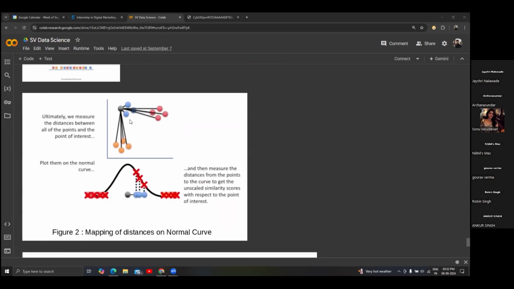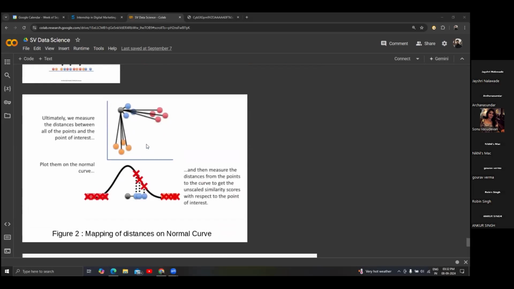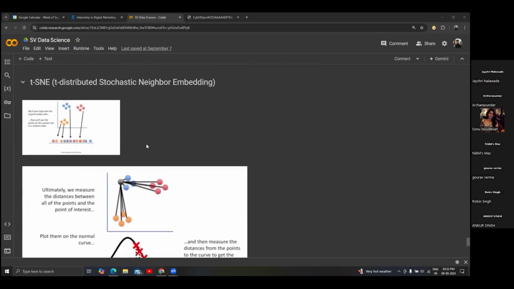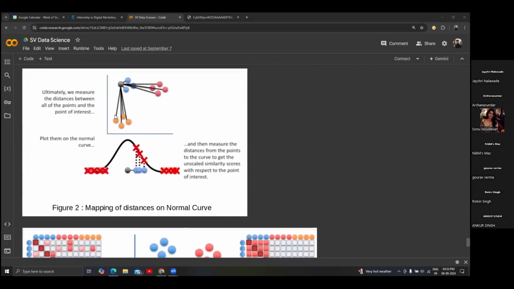So basically, sometimes it works according to the distance. Okay. Let's talk about this one. You can easily see there are three clusters here, right? If we talk about this black one, what is the distance between this black one and all the yellows?